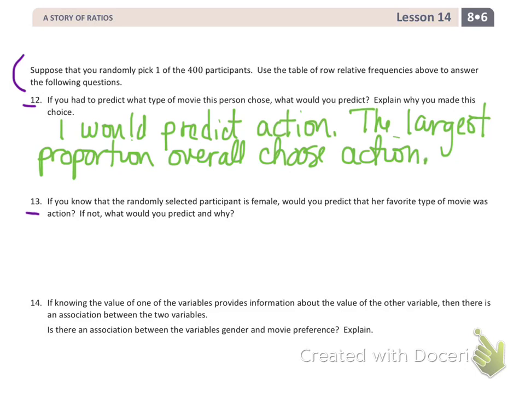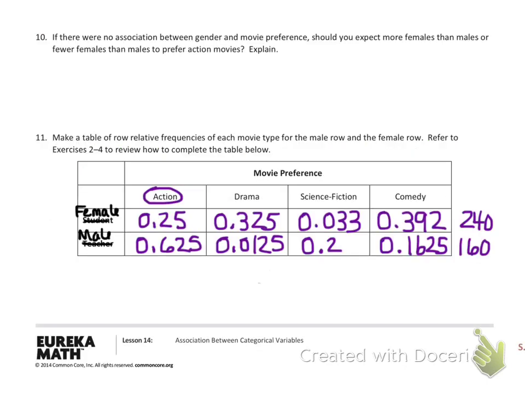Now, looking at number 13, if I knew that that participant was female, would I predict action? If not, what would I predict and why?